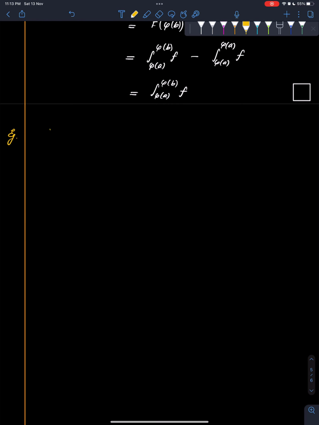So suppose I'm interested in evaluating this. This is an integral which I want to evaluate, and of course this is a polynomial, so I already know how to calculate it. But the point I want to get across is one can do it this way. So we introduce a half and we write it in this fashion.